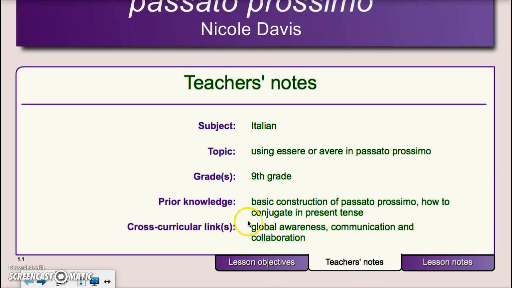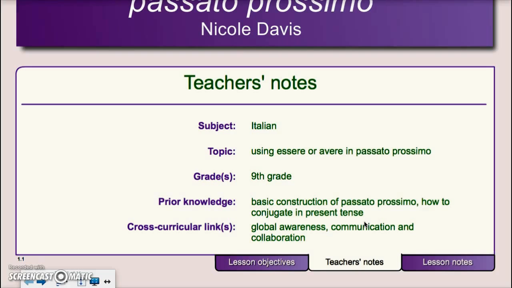So my teacher's notes, like I said, ninth grade Italian, prior knowledge. What's really important is that they know how to construct the basics of passato prossimo, and they know how to conjugate in the present tense.